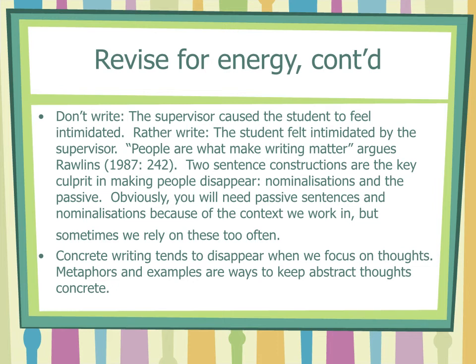The other thing that makes writing very dull in academia is abstractions. The more concrete your writing is, the more interesting it is. The more abstract it is, the more difficult it is to visualize or to see a picture in your mind as a reader. So use examples.